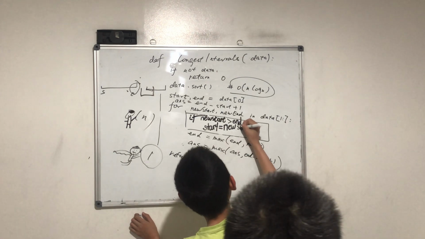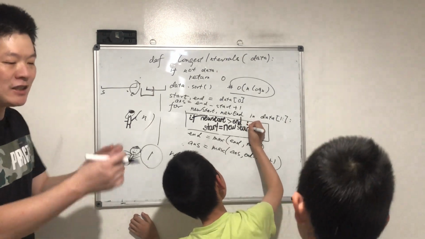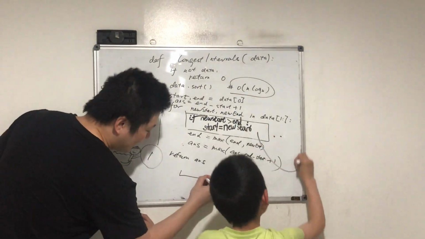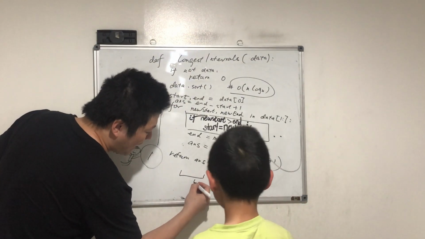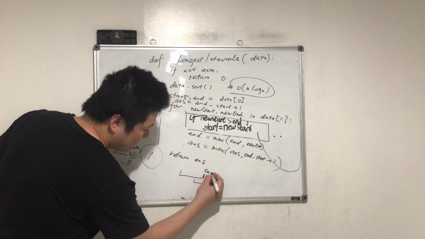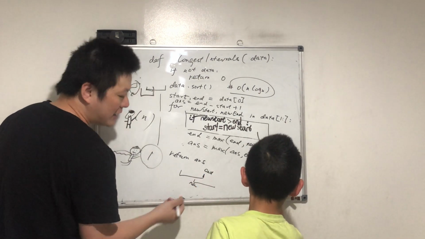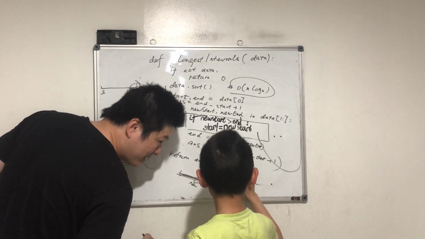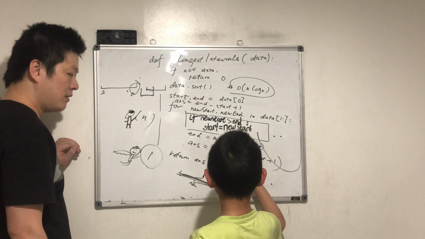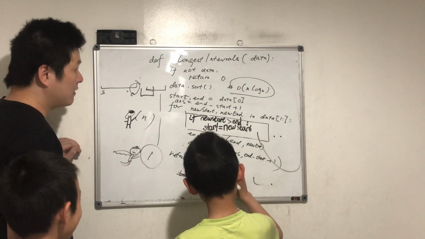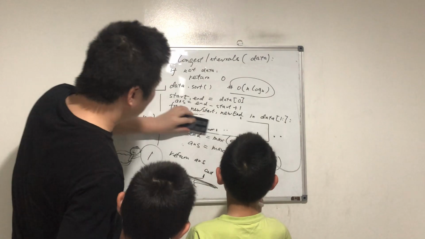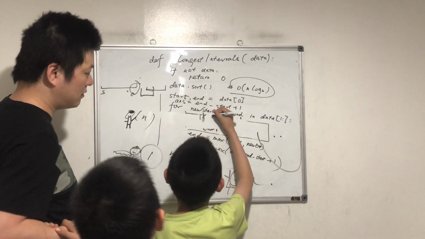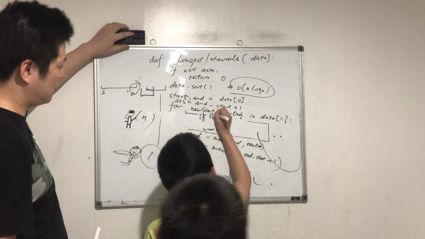If the new start is smaller than the end, what does it mean? We can connect this and combine them. Do you understand?